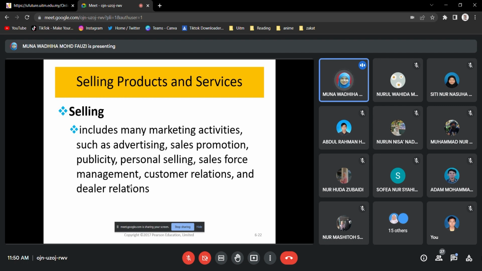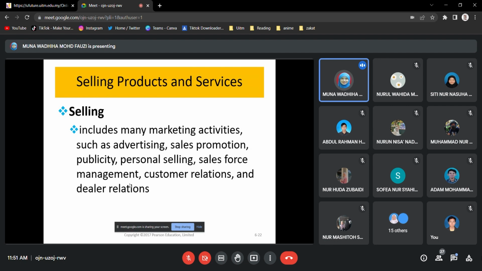At the same time, the activity of advertising, of course, is included in the process of selling. Without advertising, the selling process cannot be done properly. Because when we talk about advertising, the potential customer can directly know what types of products this marketer produces.